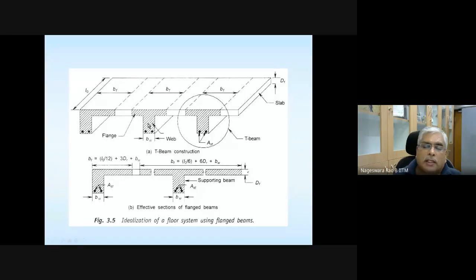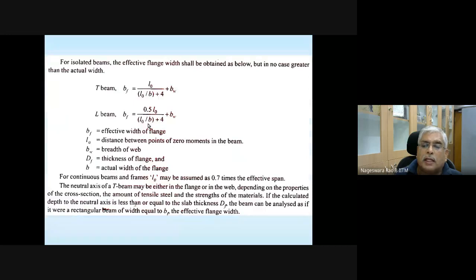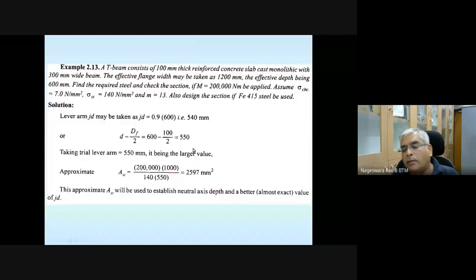So we got all the geometric dimensions, they are already given in the problem statement, and you are asked to find the area of steel. And so to get the area of steel, we need to know the lever arm distance.